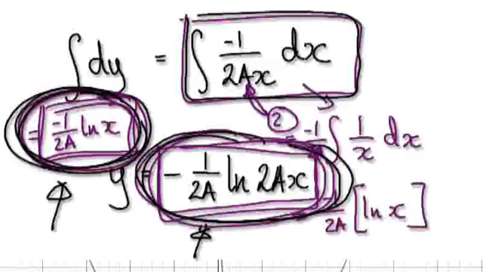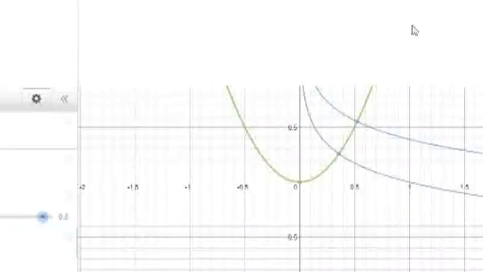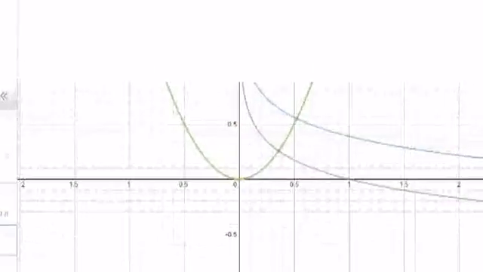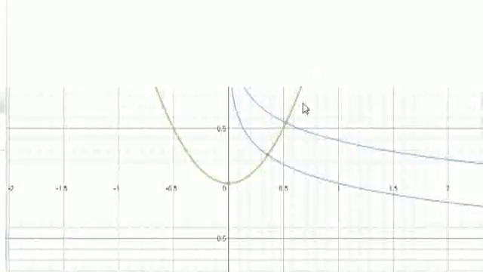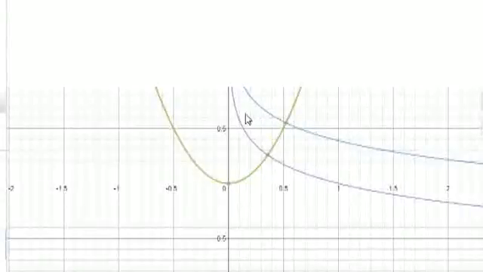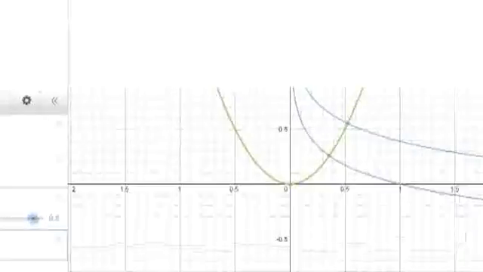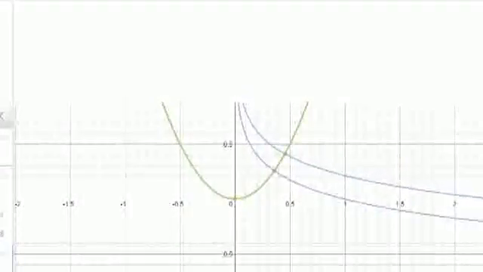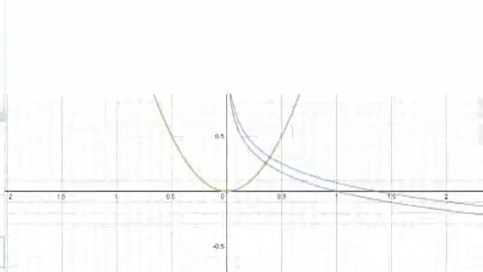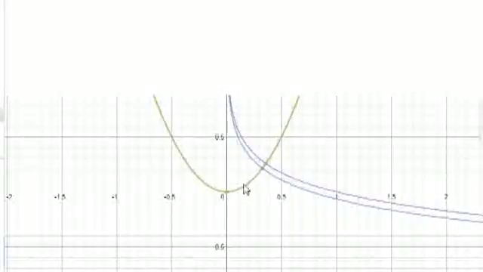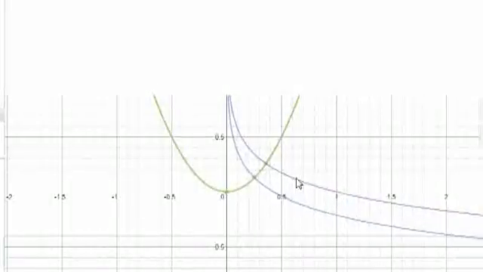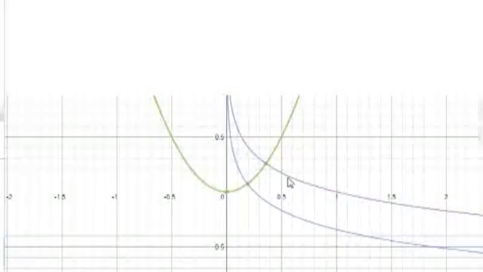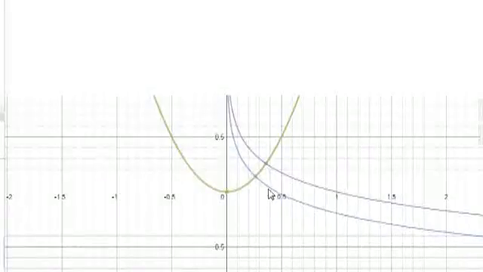I'm going to show you that right now. Bear with me. I don't know if you can see it properly, but those two are exactly the same, but only differ by a constant. I hope by showing you this, you can try and figure out for yourself what's going on. The blue line here and the purple line are exactly the same, but they only differ by a constant.